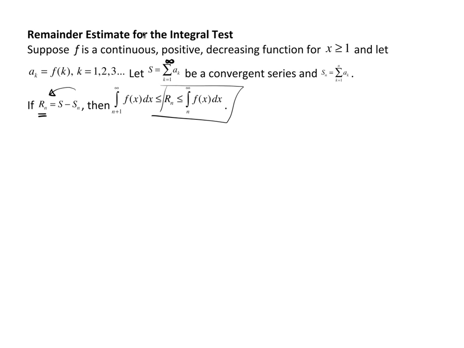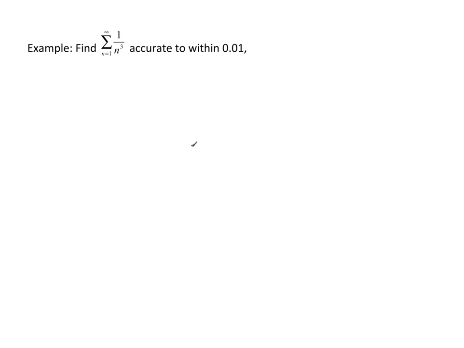So as an example, suppose I need to find the sum n equals 1 to infinity of 1 over n cubed accurate to within 0.01. Okay, so what I want to do is take the integral from n to infinity of 1 over x cubed dx.